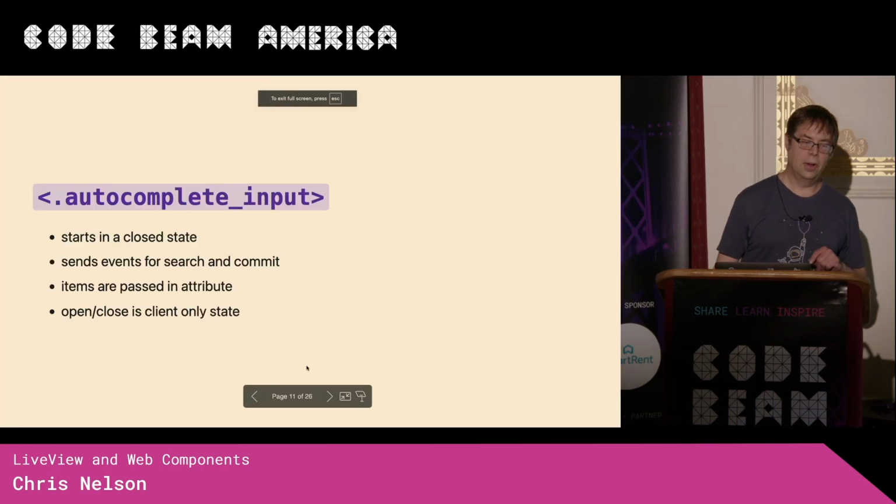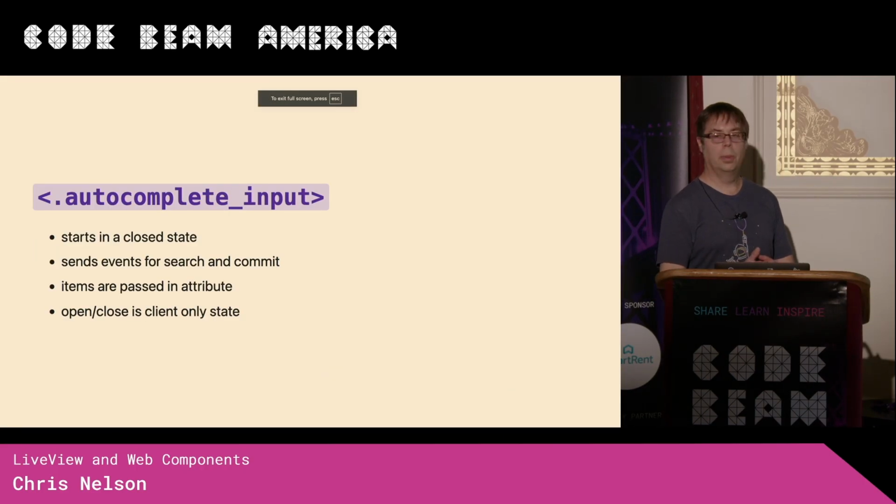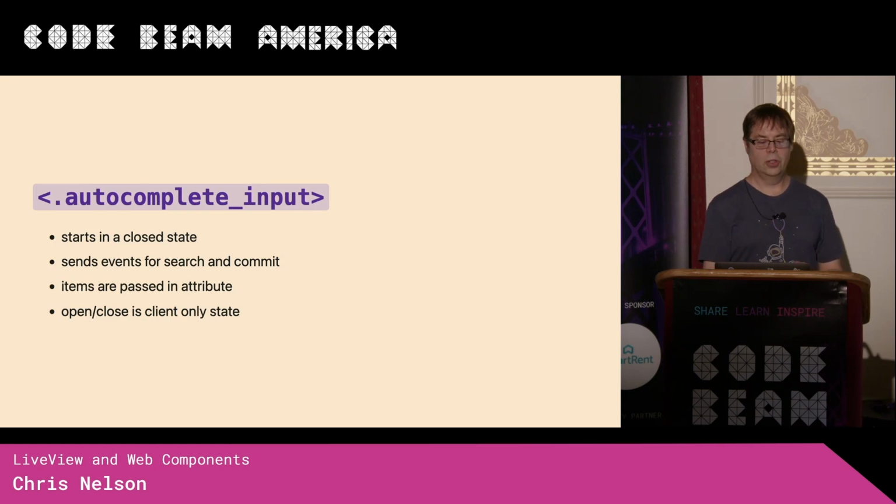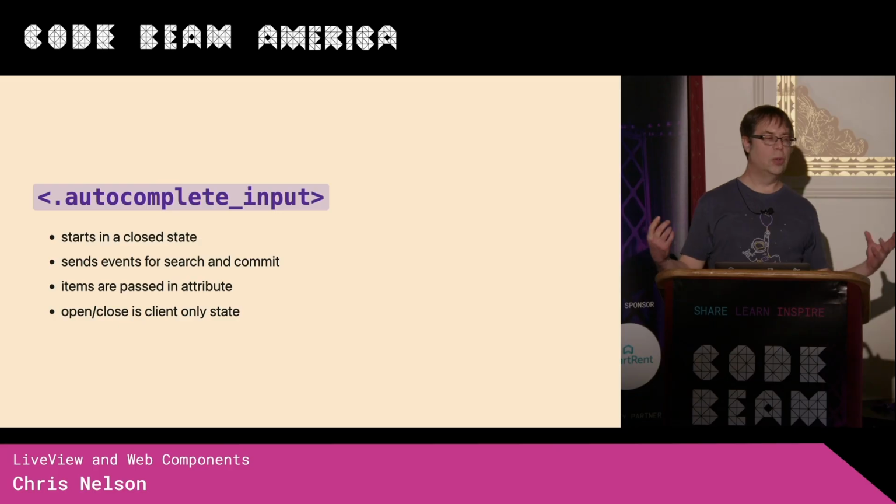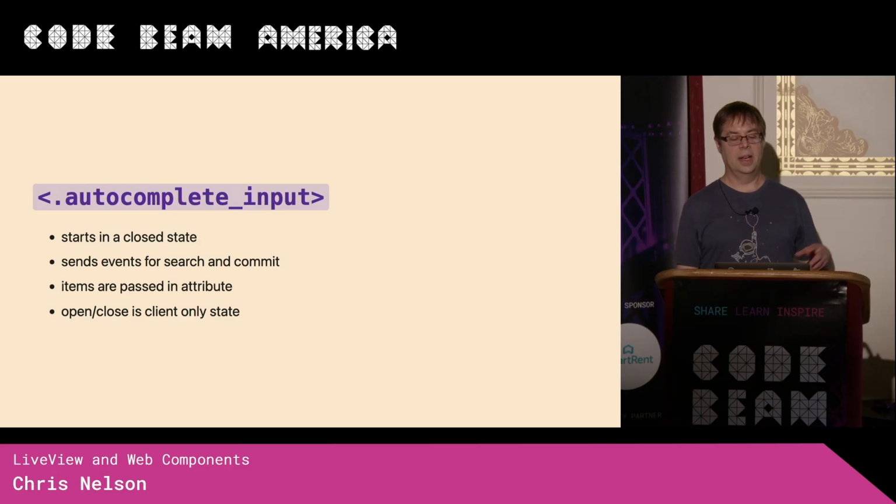Okay. So the first thing to talk about, that autocomplete input that we just saw. For that, we are using LiveElements to give us a functional component wrapper. We saw kind of how it worked. It starts in a closed state, and then it sends events. Well, it sends many events, but there are only two that we have decided to care about in this application.